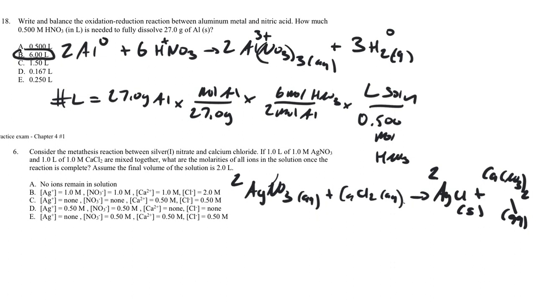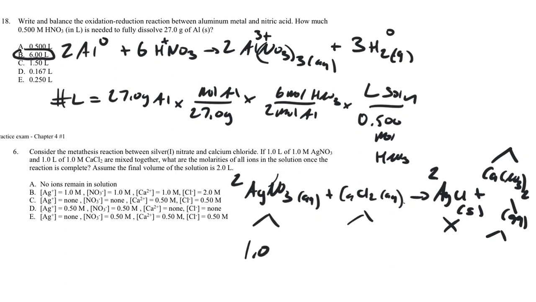And so I don't know if this helps to think of the ionic reaction, but this is water soluble, that's water soluble, this is not water soluble, this is water soluble. So calcium and nitrate are the spectator ions. They're the things that are present in ionic form on both sides of the equation. And then silver and chloride are the ions being dissociated.